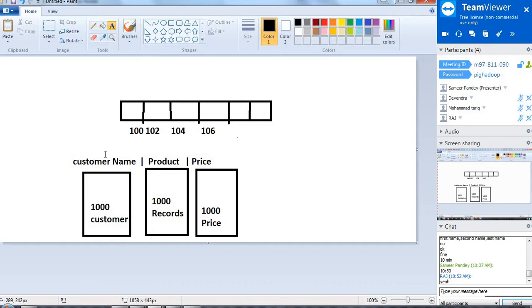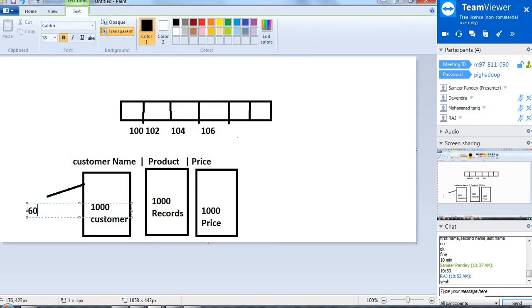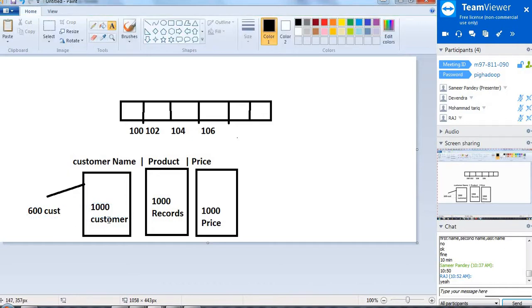When I go column wise, I can say if I take distinct, there are 600 distinct records and 400 are redundant. So we can compress it to 600 customers because the rest 400 are replicated.